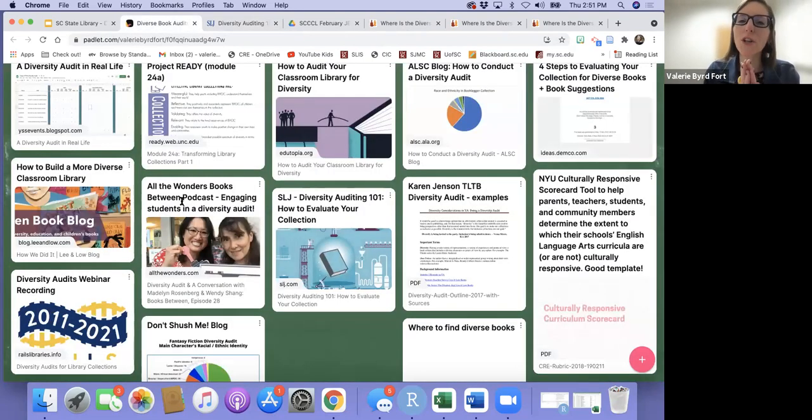This is All the Wonders. Matthew Winter was a school librarian and now does something different, but this really inspired me to do the diversity audit for Cocky's Reading Express. Matthew Winter had a podcast where he interviewed authors and illustrators and talked about books.